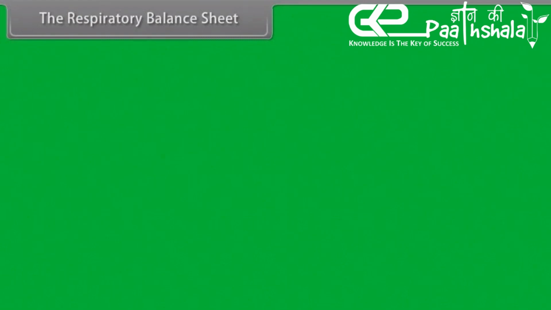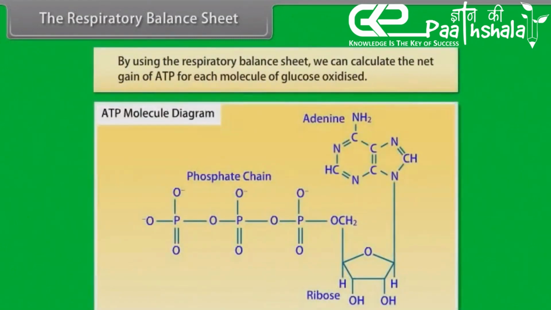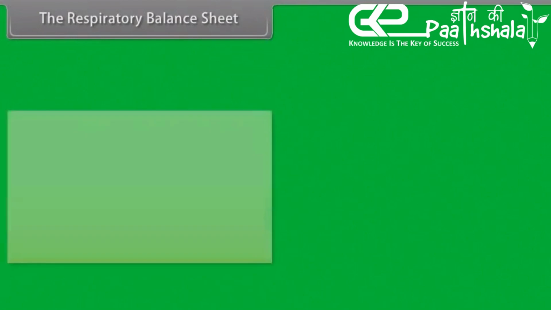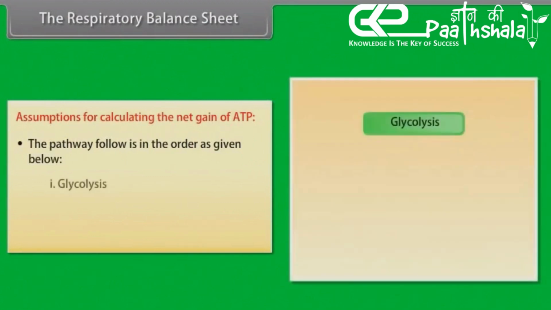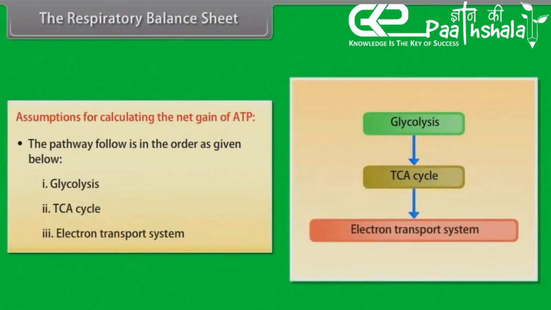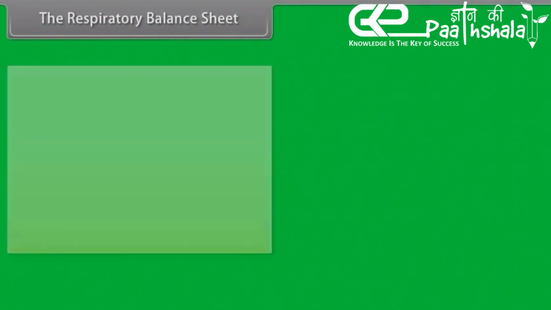Respiratory balance sheet. By using the respiratory balance sheet, we can calculate the net gain of ATP for each molecule of glucose oxidized. Assumptions for calculating the net gain of ATP: The pathway followed is in the order as given below: glycolysis, TCA cycle, and electron transport system.